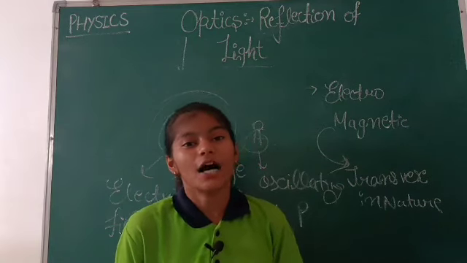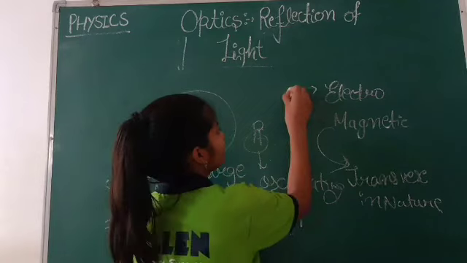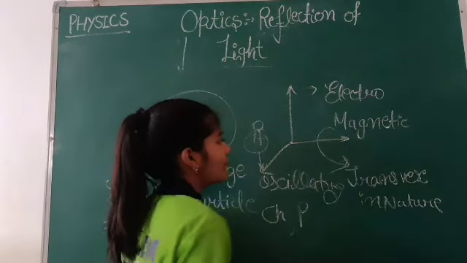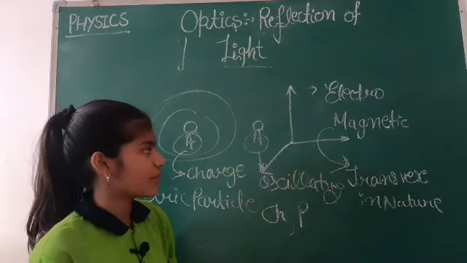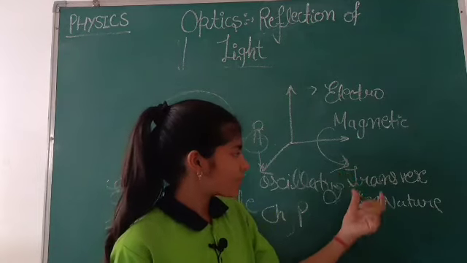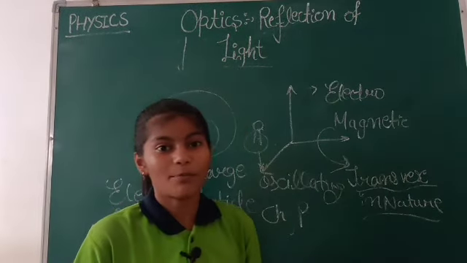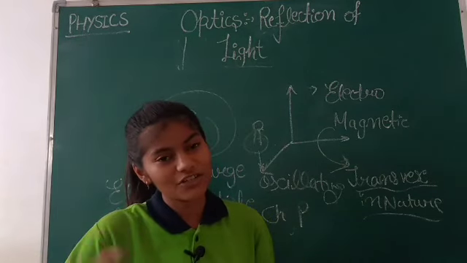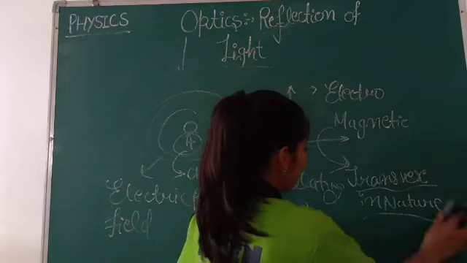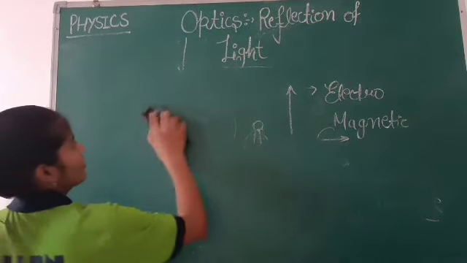This is how electromagnetic waves are produced, and the electric field, magnetic field, and energy propagation are all perpendicular to each other, and due to this we say they are transverse in nature, because transverse is where particle movement and energy propagation are perpendicular to each other. So this is the main reason behind electromagnetic waves being transverse in nature.